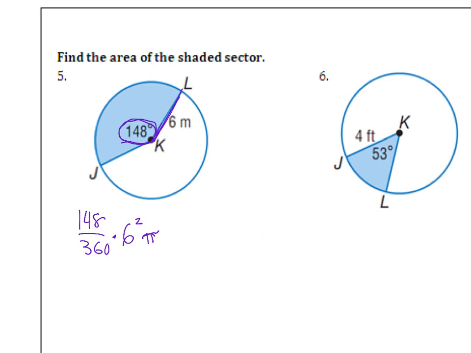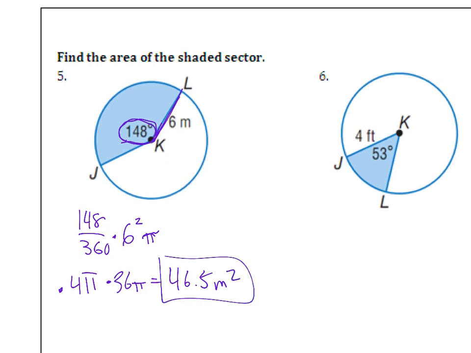So 148 divided by 360 is going to be 0.41 repeating. Then you're going to multiply that times 36 pi, and what you're going to get is 46.5 meters squared. That's the area of just this shaded part right here. That's all I'm doing. Take your angle over 360 multiplied by the radius squared.